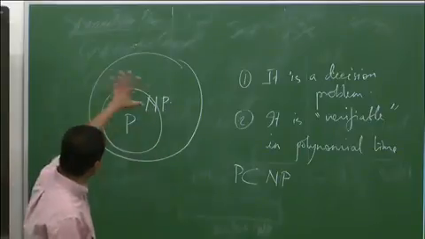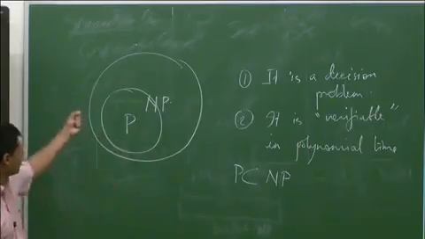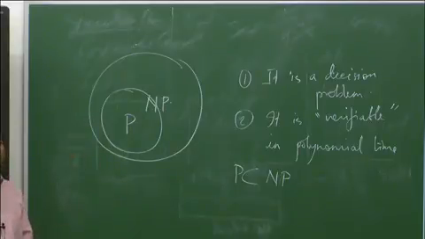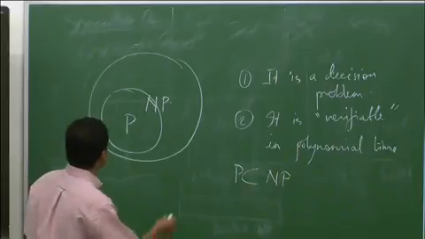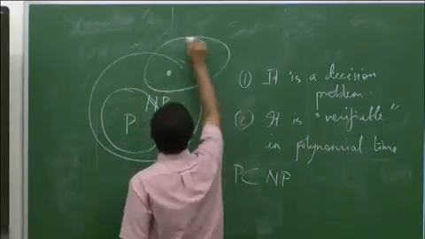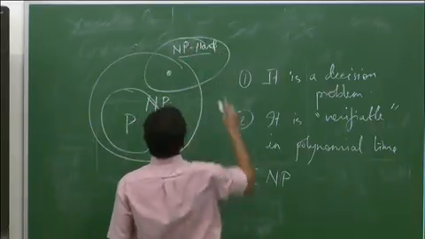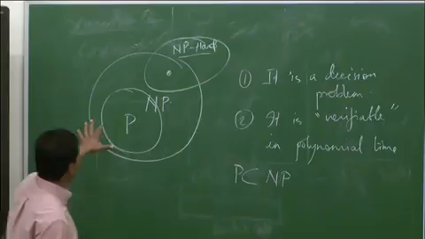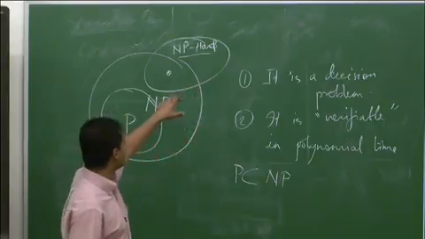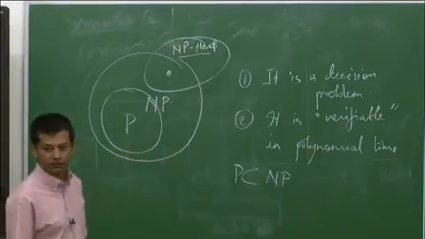Okay. So we are looking at this landscape and we are asking, can we pick out certain problems from this which we think are hard? And the way we went about looking for hardness is something called NP hard. So here is the class NP hard, and the reason it is sitting outside of NP is that there is no requirement for an NP hard problem to be in NP in the first place.